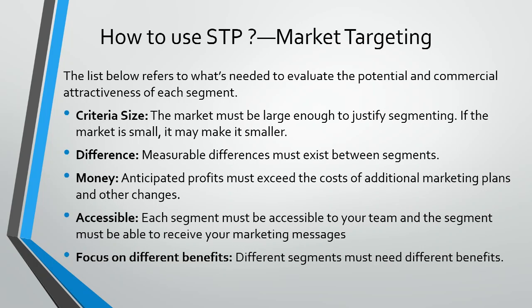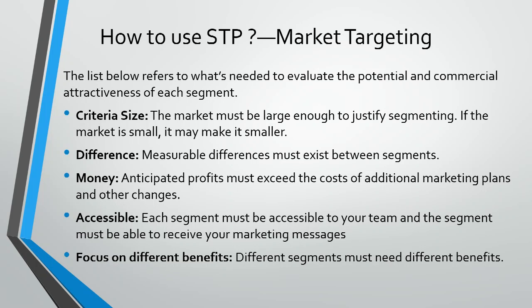It should be measurable, so that we can differentiate the segments. If each segment is too similar, then it means the segmentation has not been done properly. The third one is money. The ultimate goal for every commercial company is to make money, so there should be anticipated profits greater than the costs of additional marketing plans or other changes.